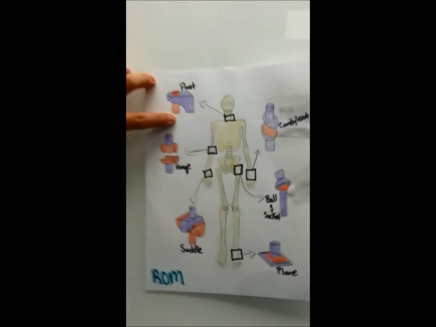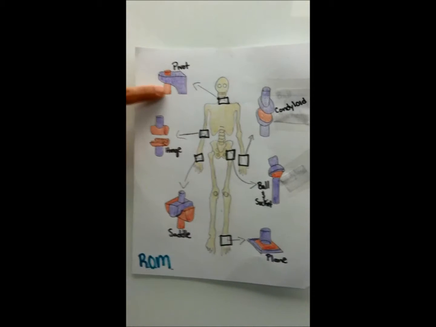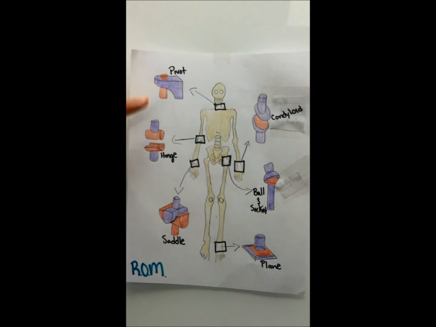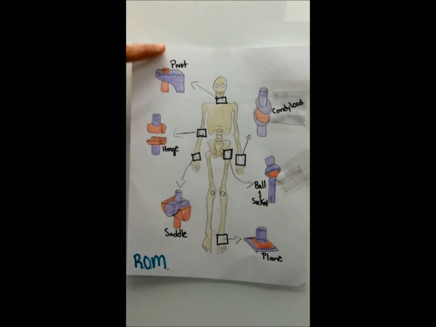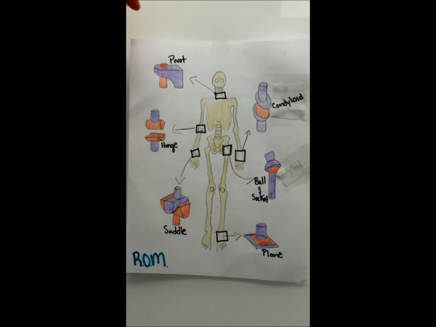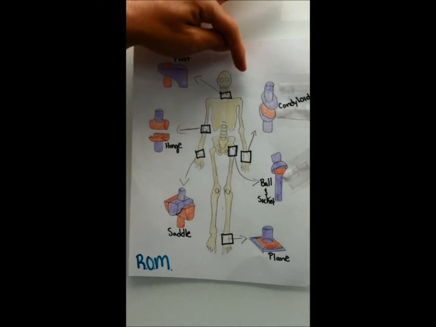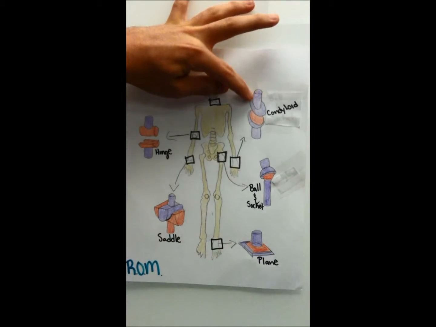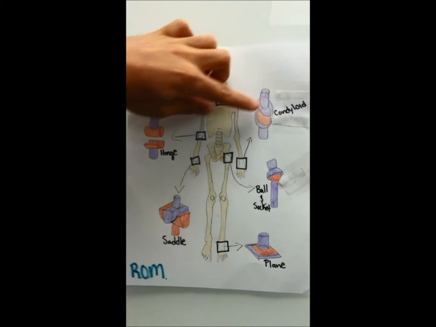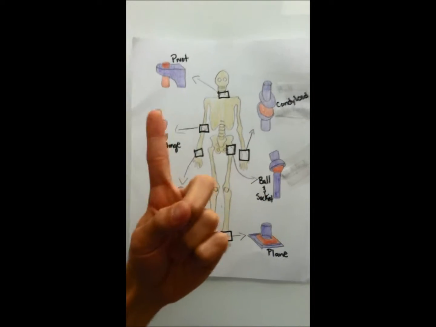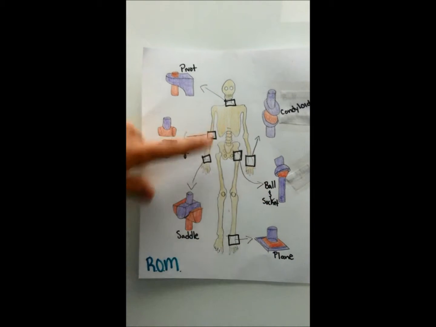Our other four joints consist of pivot joints, here found in the neck, where the red part here characterizes the odontoid process of our axis, and the purple is our atlas that pivots around that process, allowing our neck to slide side to side. Another joint would be the condyloid joint found in the hand, which allows you to wag your finger back and forth.